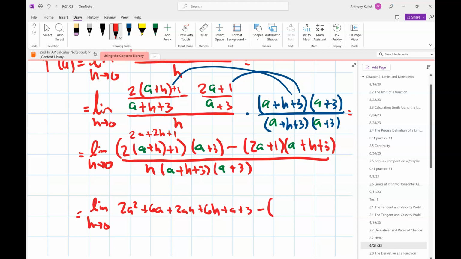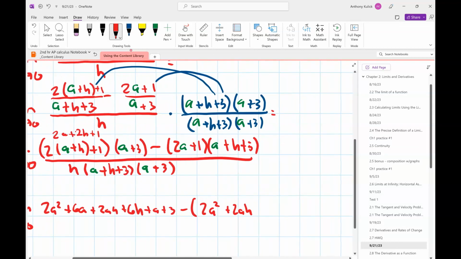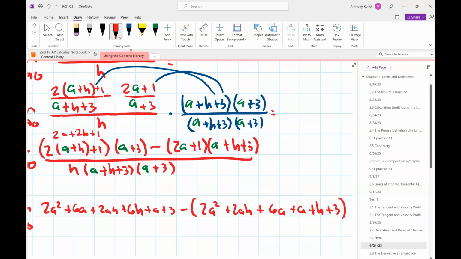And then over here, 2 times a is 2a squared. 2a times h is 2ah. 2a times 3 is 6a. And then 1 times a is a. And then 1 times h is h. And 1 times 3 is 3.